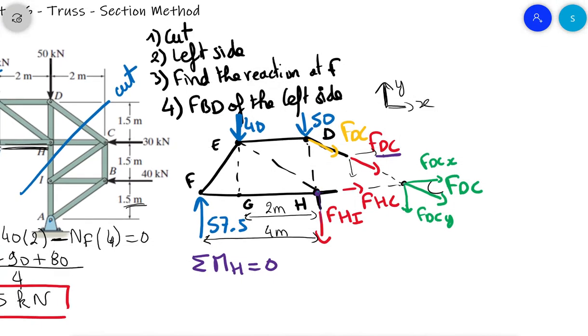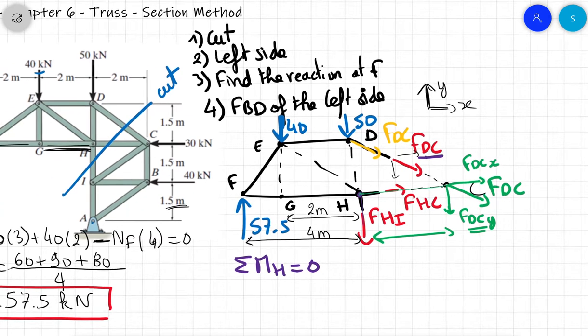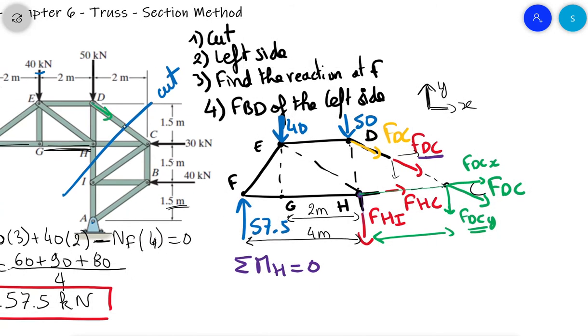We will do the moment about H. When we do the moment about H, this one is going through the point H, so we need just to include this one times these dimensions. So we move this force up to there or there. This dimension there is the 2 meters.